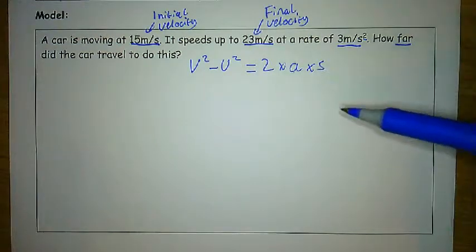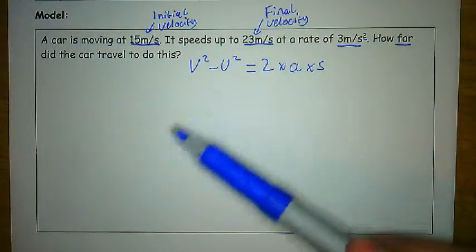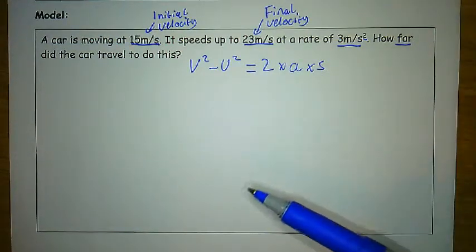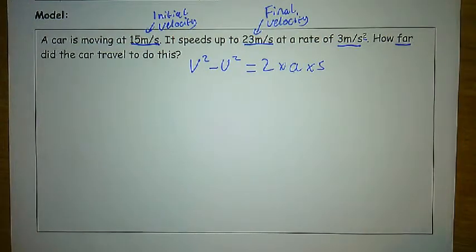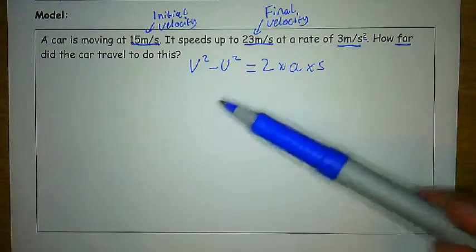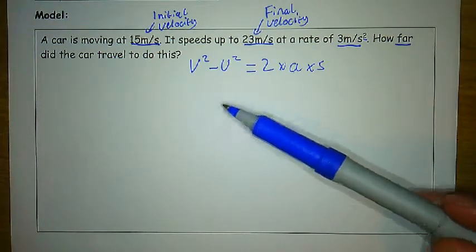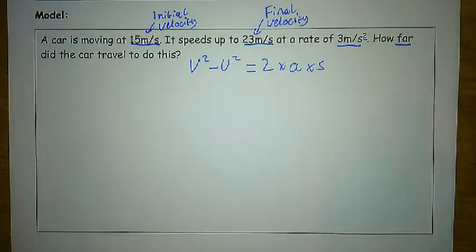Right, when you're trying to work this out, there's no point trying to rearrange this because that's going to be really complicated and really unnecessary. You're going to waste your time rearranging it and struggling to get it right when there's a much simpler way of doing it. So what we want to do is just put your numbers straight into your equation.